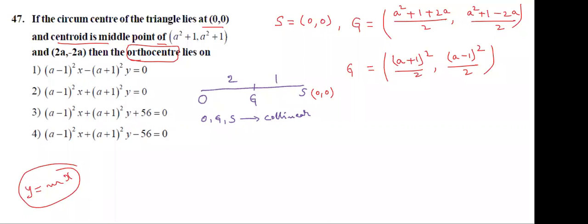So here for the orthocenter, take x comma y. Orthocenter is (x, y), and the centroid we already know. So finally, let the equation of the line be y is equal to mx.